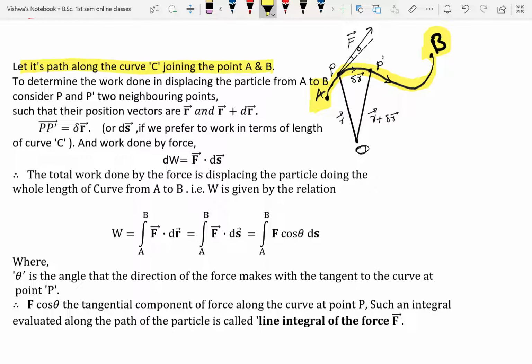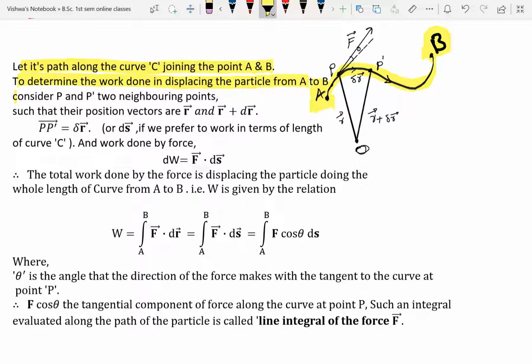On it I am going to consider two points A and B, the initial and final positions of the object. Now we have to find how much work has been done for the displacement of the object from A to B.